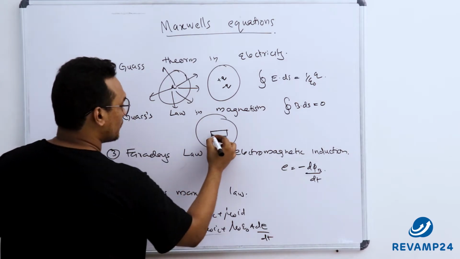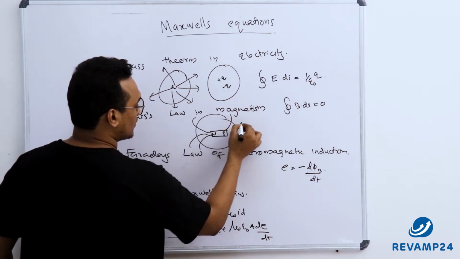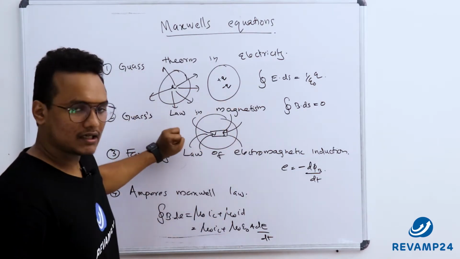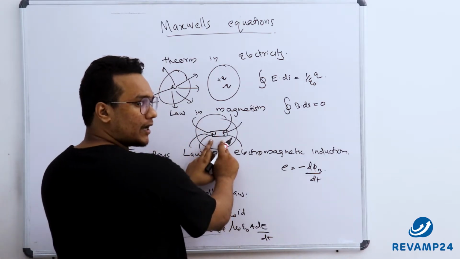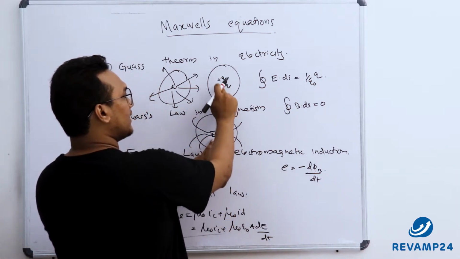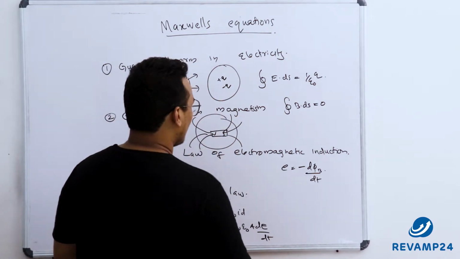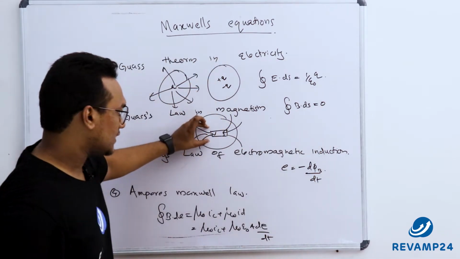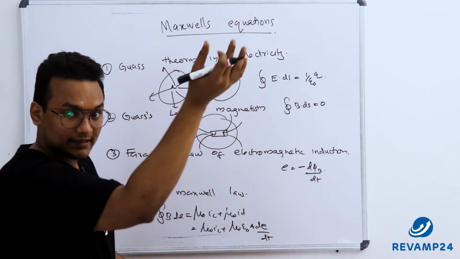From north, field lines will be coming out, and at south they will be terminating. So 3 going out, 3 coming back. What is it? 0. As there are two poles, a dipole, it can be treated like equal and opposite poles. Now this will become 0 because the total number of magnetic field lines out is equal to the total number in.